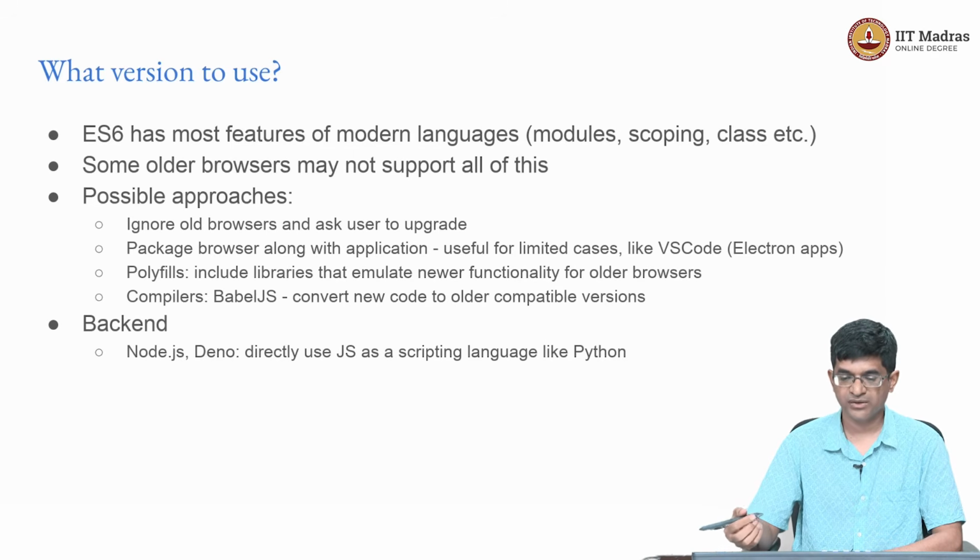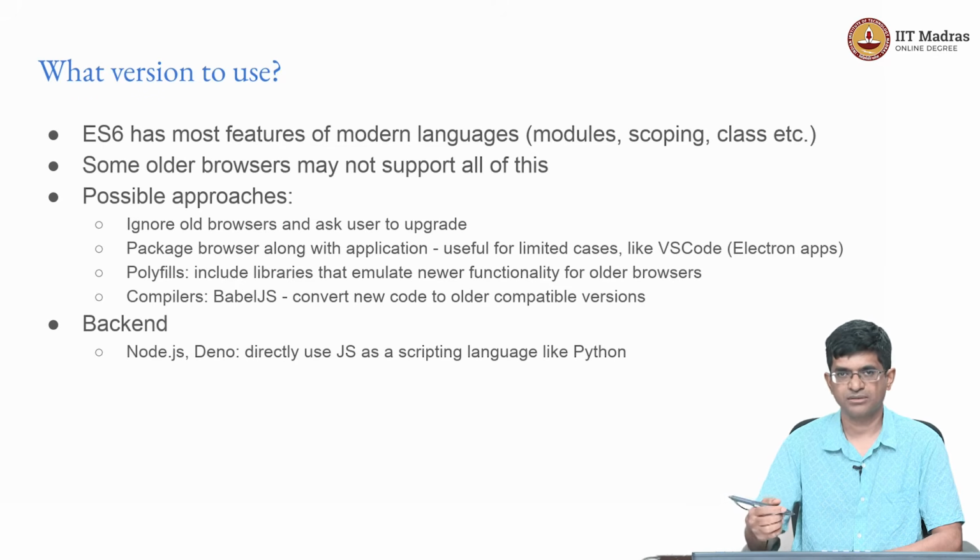In other words, there are a number of different ways that people have found to work around the problems with versions. And for the most part, because of this, we will be sticking to fairly modern features simply because that makes the language easier to understand and to use.